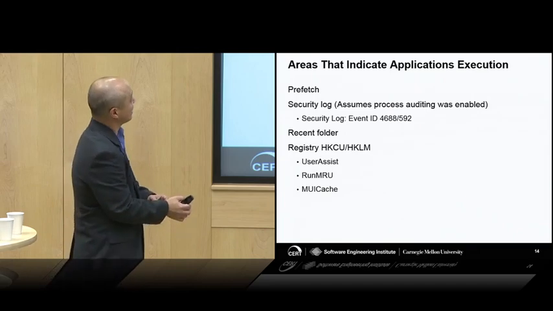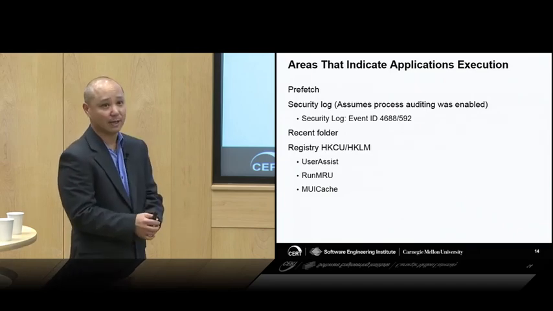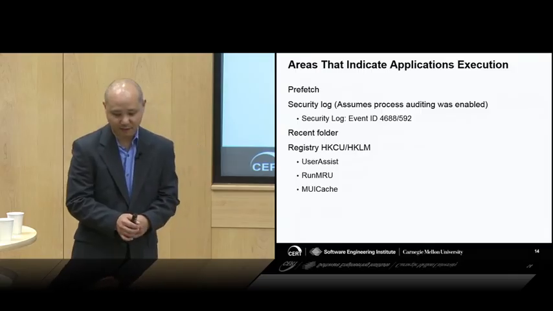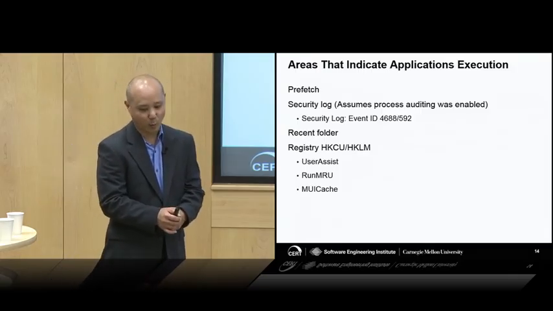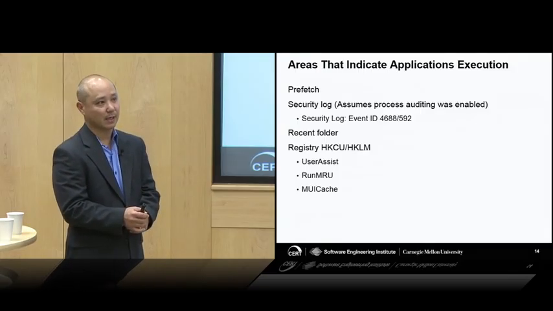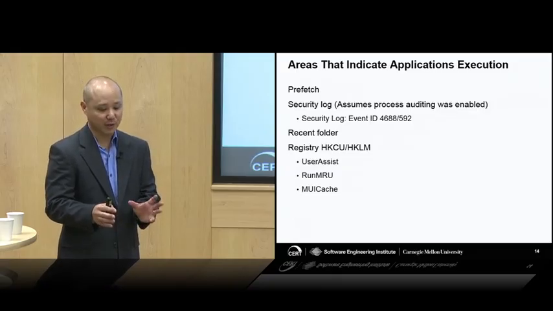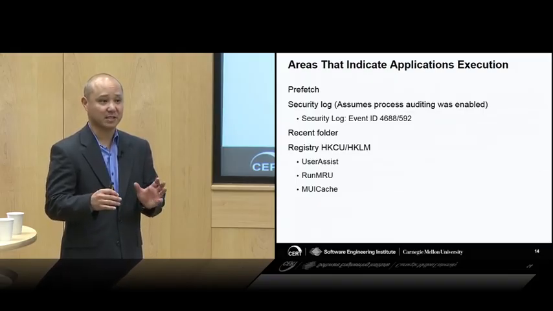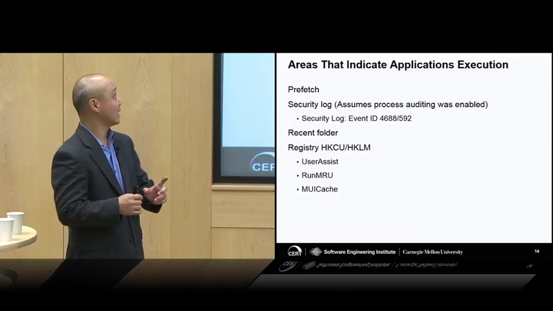The areas that indicate application execution: you have prefetch. This is a folder where Windows gathers all the information when you run an application for the first time. Windows has to gather certain pieces of information to run it.